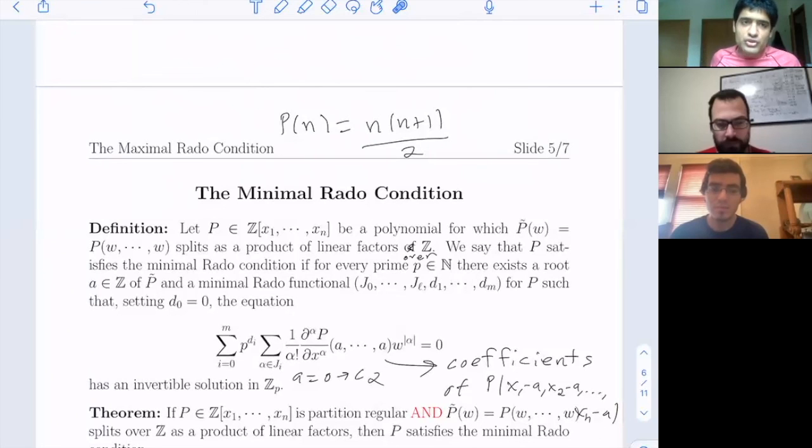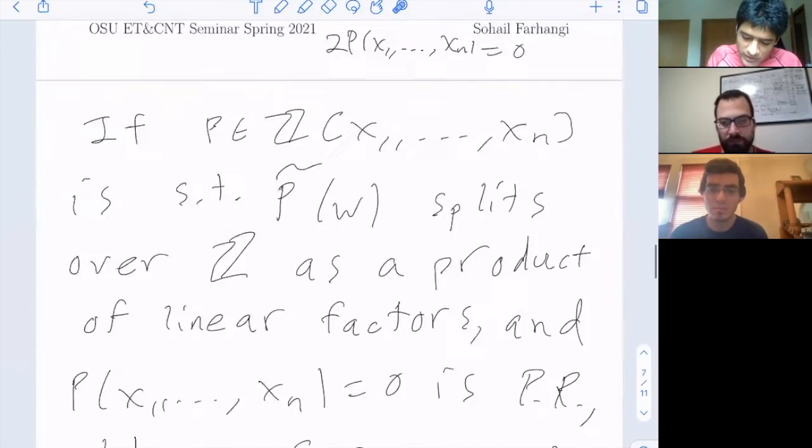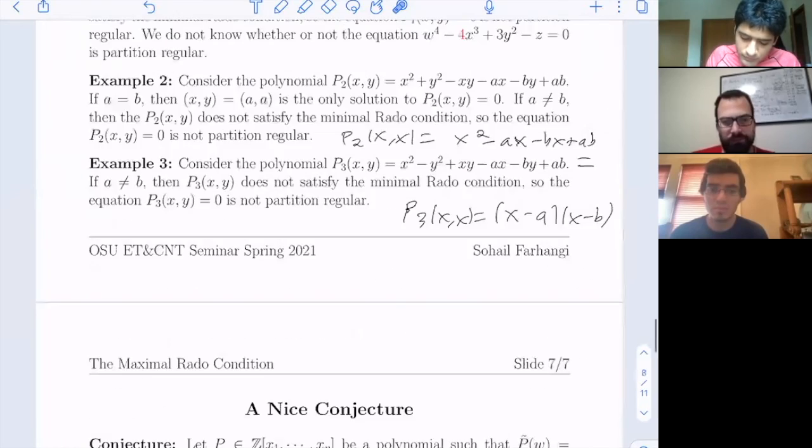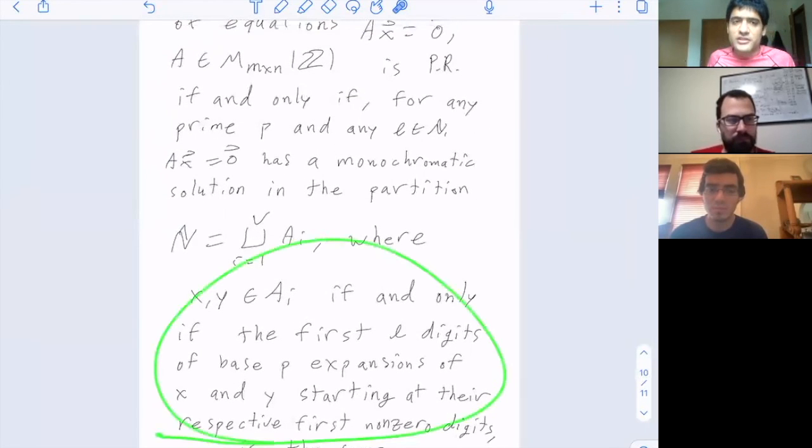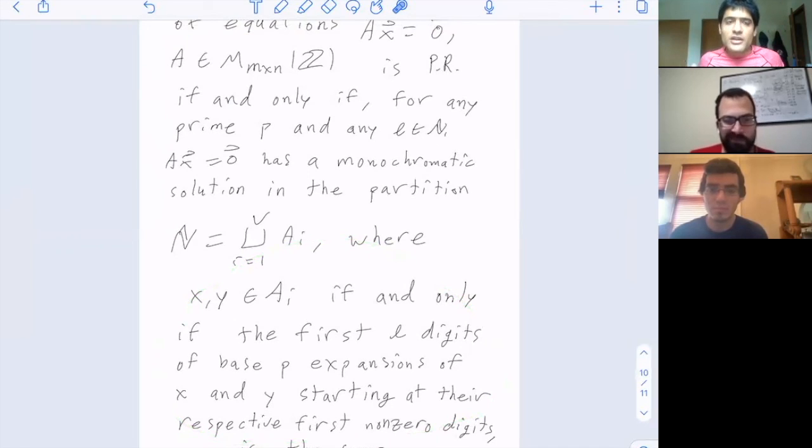So there seems to be some strong connection between partition regularity of polynomial equations and number theory. Just the fact that these p-adics and real numbers are showing up, and this connection to the p-adics, right? I would consider these partitions based on the digits of the base p expansion to be very p-adic in flavor.